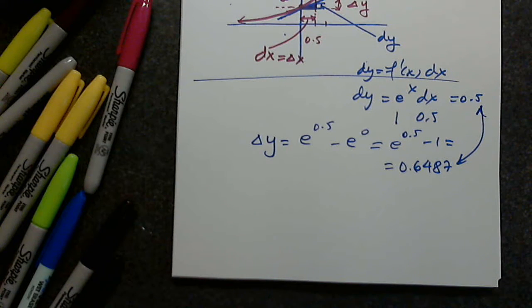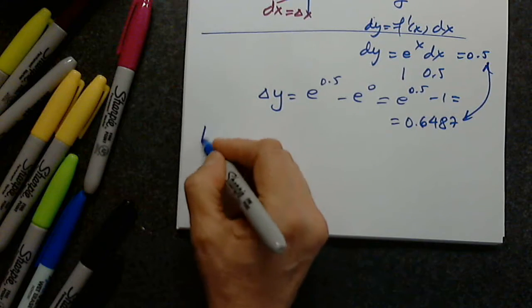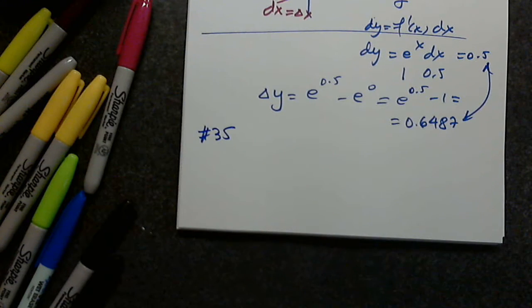Okay, so back to page 255. Problem 35. This is what the procedure that we just looked at is used for. So let's read the problem together.